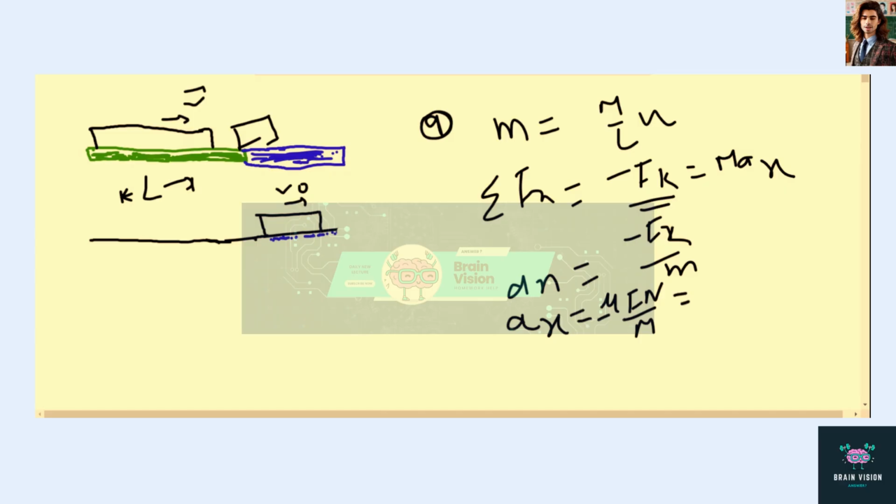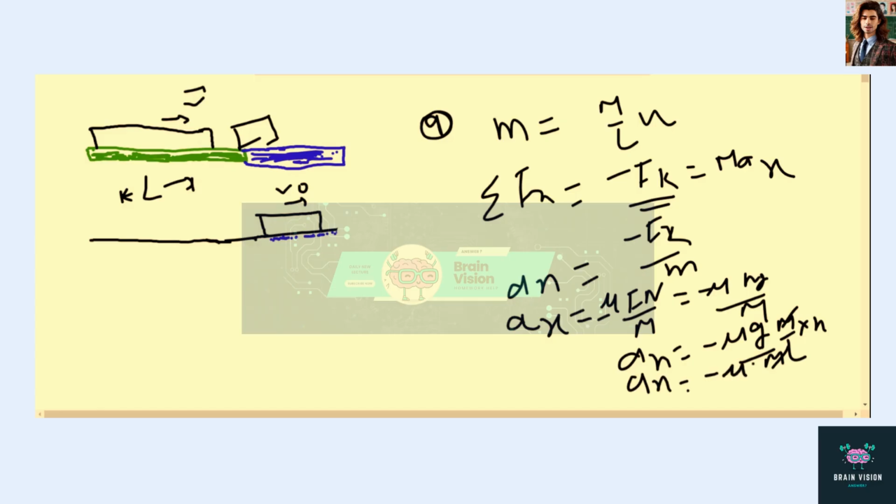Fn is mg, so mu mg upon m, and ax will be minus mu g, where m is (m/l) into x, divided by m. M and m get cancelled. Ax becomes minus mu g x upon l, where mu is the coefficient of friction.